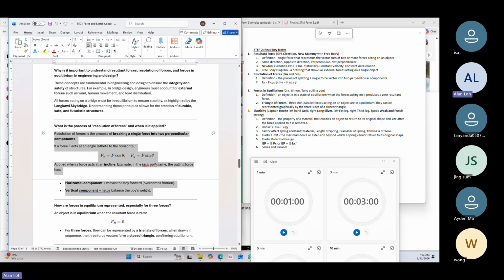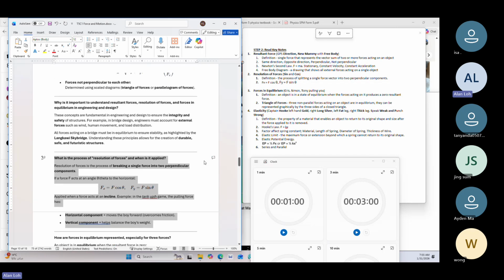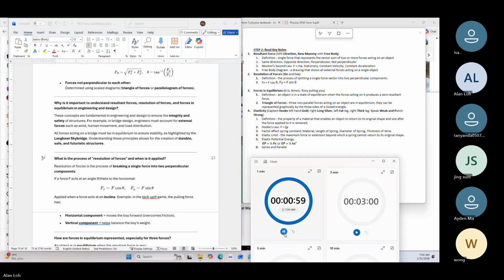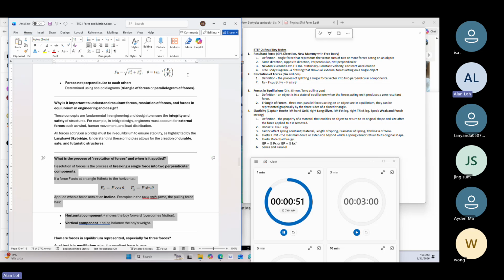Also 1 minute. If you finish reading and you want to read again the one that you read just now, I intentionally leave it on top. Let's start now. This is drawer number 2, resolution of forces.